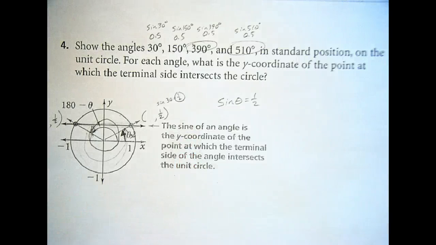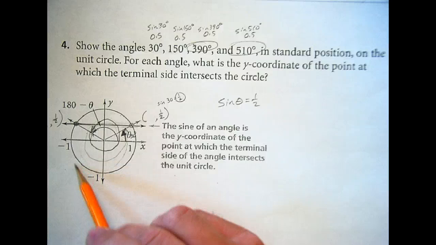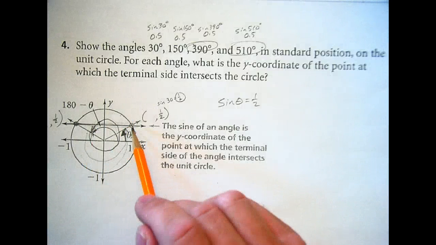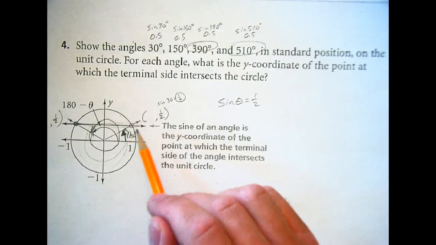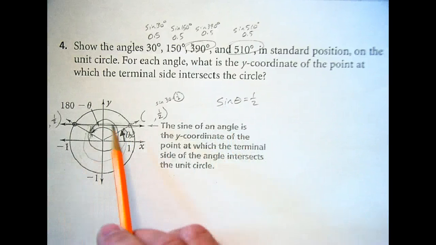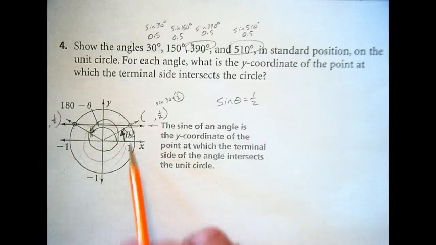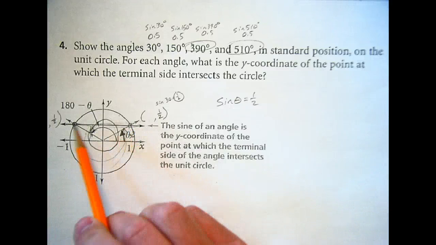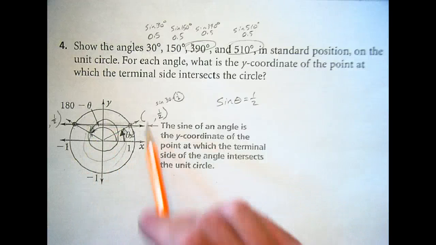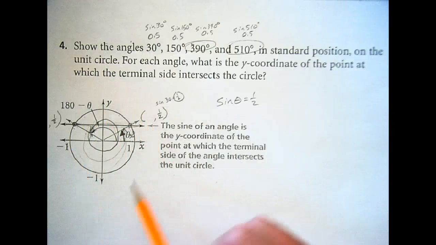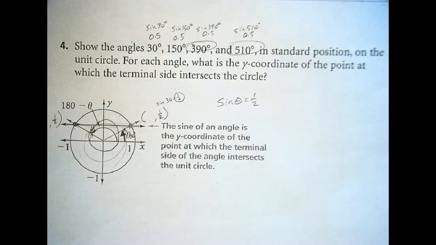That's really what you just did there. How many solutions are there? Infinite. Well, from 0 to 360, there's 2. But if I just say, when does sine theta equal 1/2? Well, 1, 2, 3, 4, 5, 6, 7, 8, 9, 10. When do I end? You don't. You have an infinite number of solutions.